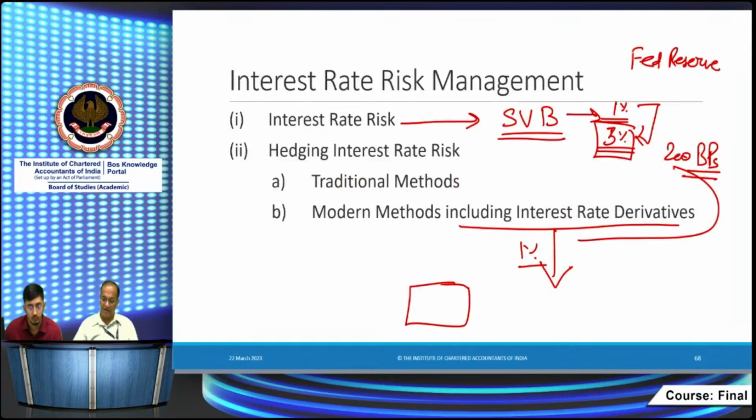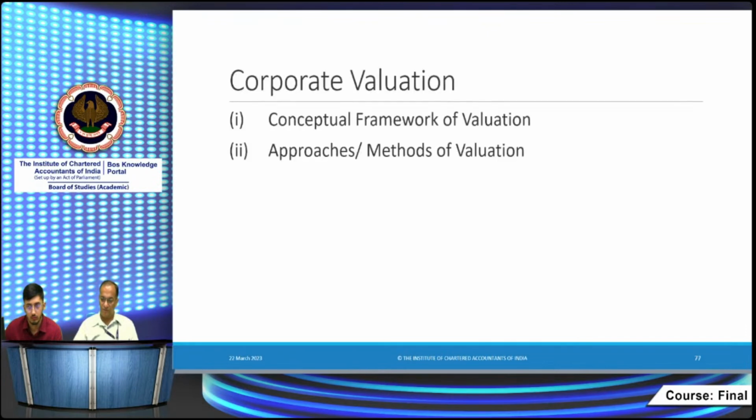So this has been covered in this topic. Next we are covering corporate valuation. Here the methods of valuation have been covered, and in this category we have covered EVA, MVA, SVA, and methods like the net asset base method, the multiplier method, and the chop shop method.